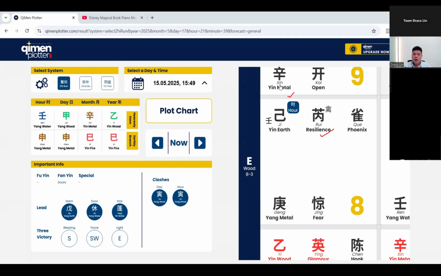So we talk about the resilience star, or the grain star. The grain talks about problems, stagnation, a lot of pain and suffering. In terms of cost of living and standards of living, they will start to drop, because resilience is always about low quality. It's going to happen and it's going to be there. Number two, we look at the fear door.